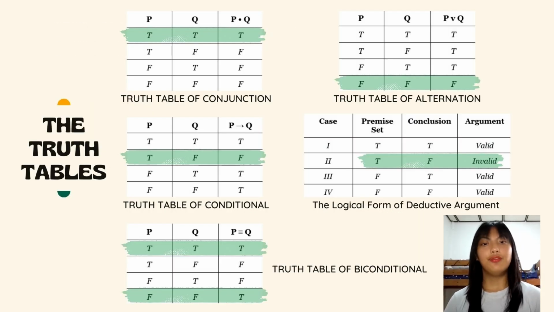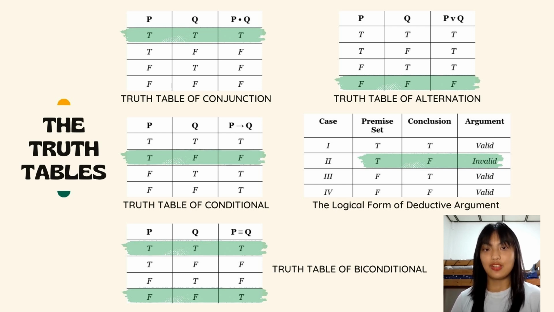Let's move on to the truth values of compound statements, true logical constants: conjunction, alternation, conditional, and biconditional. First, we'll consider the representation of a conjunction, P and Q. Note that T is true and F is false.